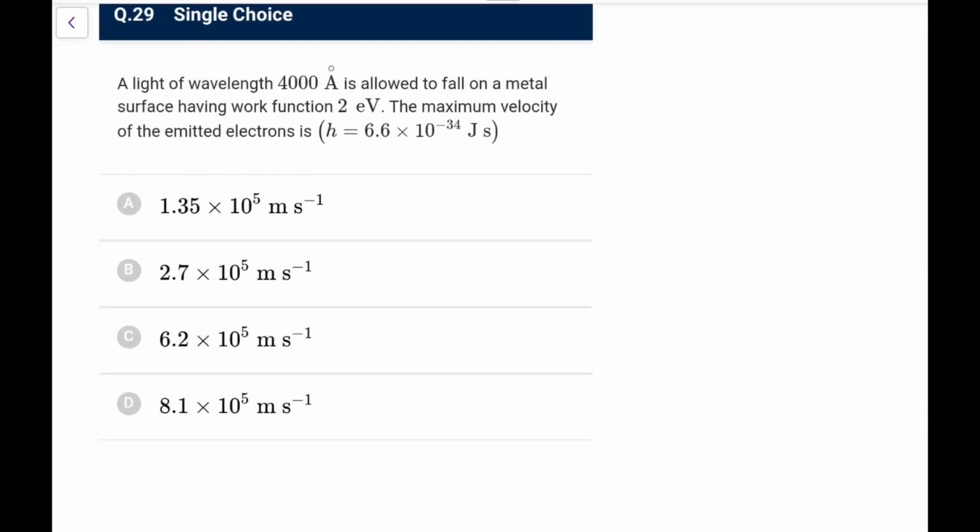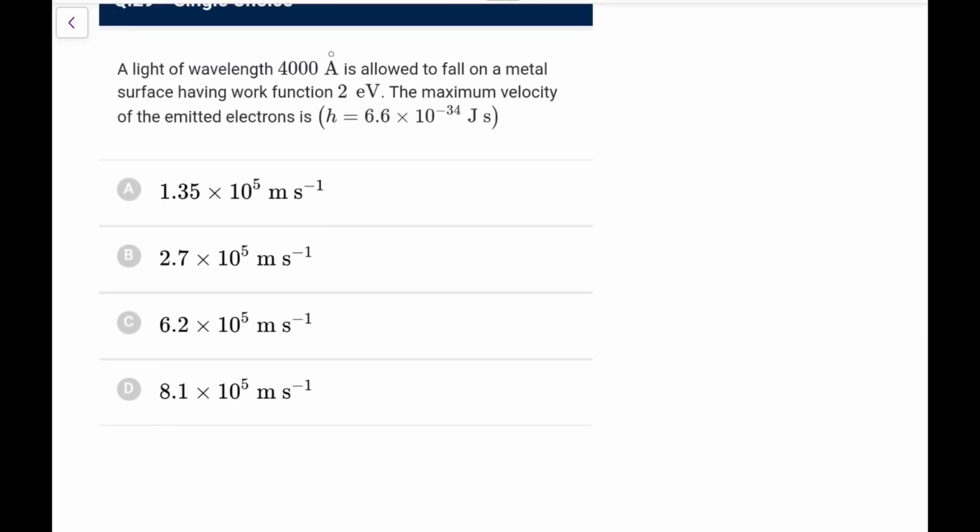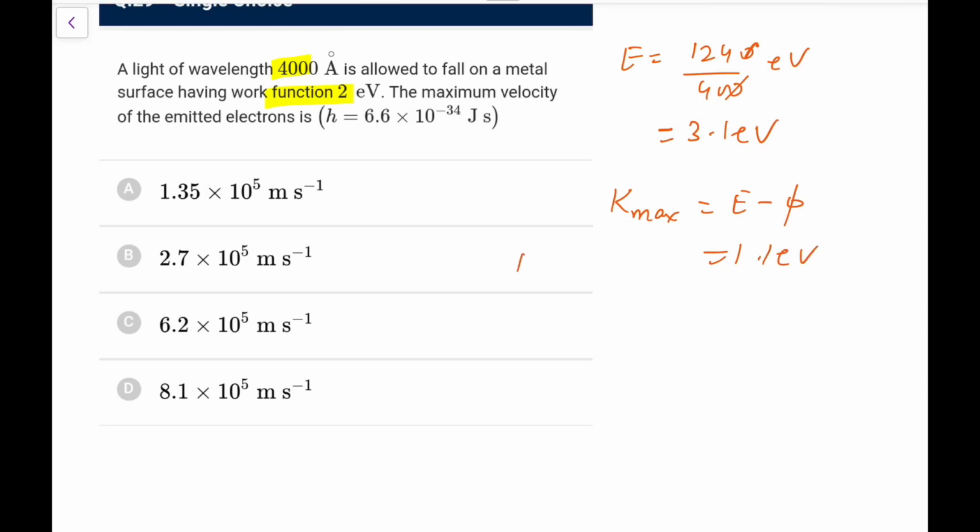A light of wavelength 4000 angstrom is allowed to fall on a metal surface, work function 2, the maximum velocity of the emitted electron. So first of all, energy of photon is 1240 upon 400 eV, that comes out as 3.1 eV, and phi is 2, so directly you can say K max is E minus phi, that is 1.1 eV, so that would be equal to half m of electron into V max square.